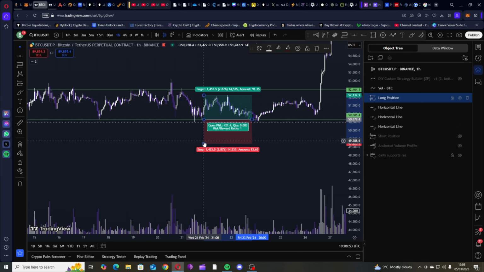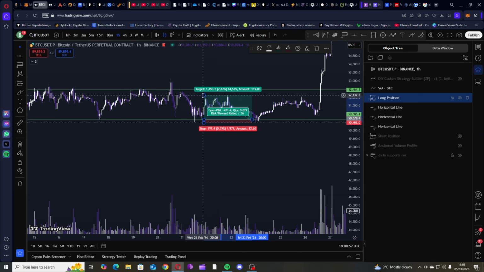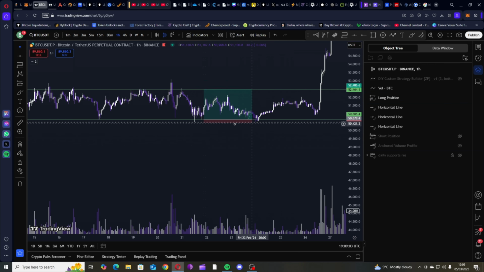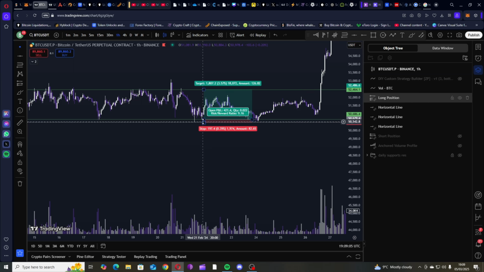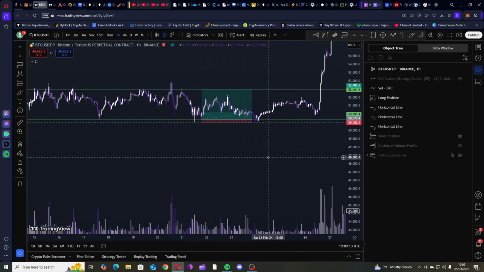I'm going to long. My stop's going to be below that wick. You might have got stopped out on this one, but you wouldn't have got stopped out straight away. Because if you had taken that long in here, it's another one, a 1 to 8, 1 to 10, whatever it is. 1 to 10 risk to reward.